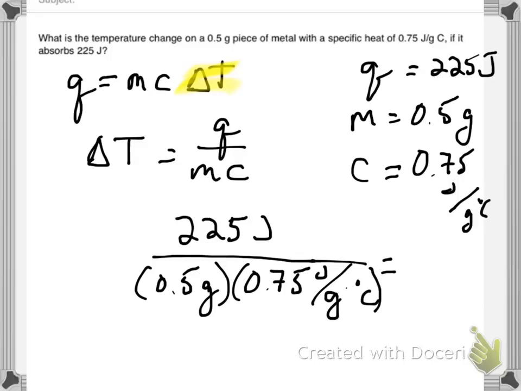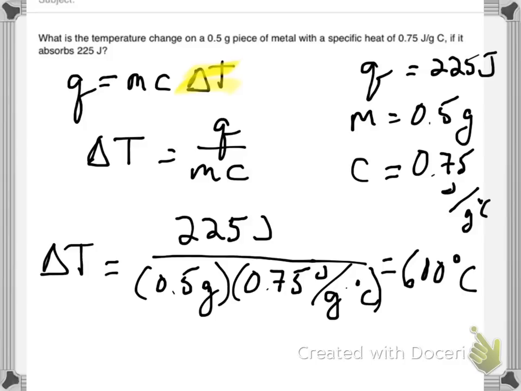So it doesn't matter whether we use Celsius or Kelvin. And I'm just doing my last bit of calculations here, and the value I'm getting is 600 degrees Celsius is the temperature change for this particular problem.